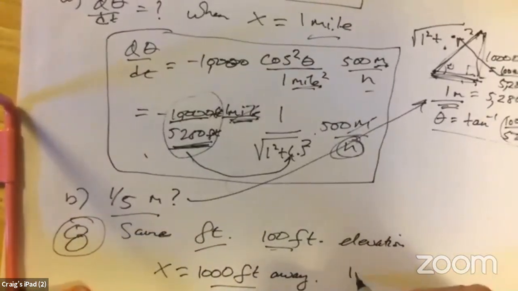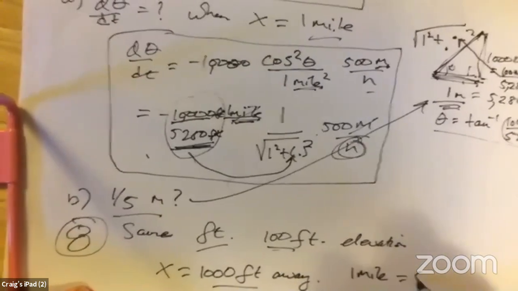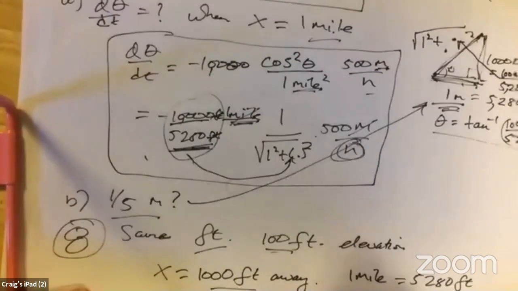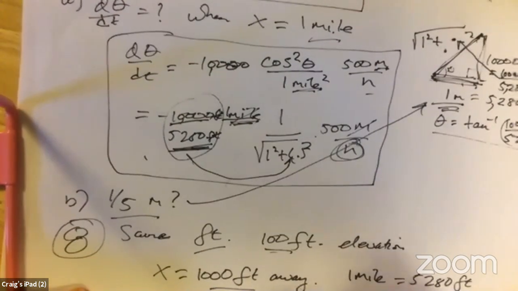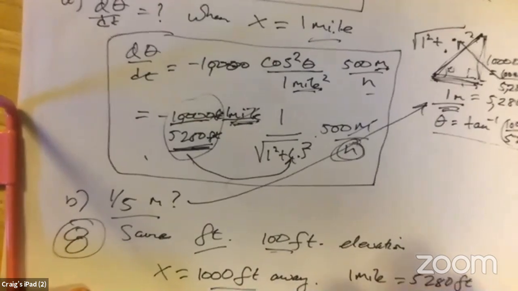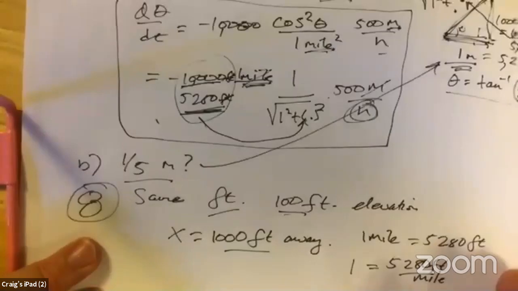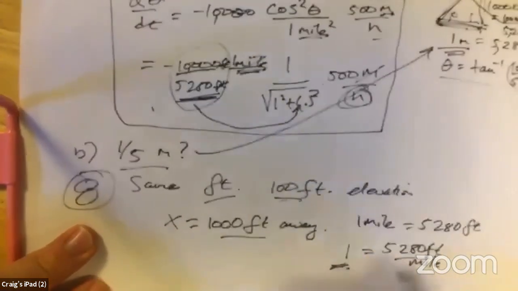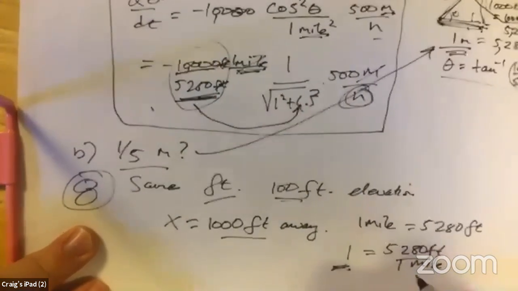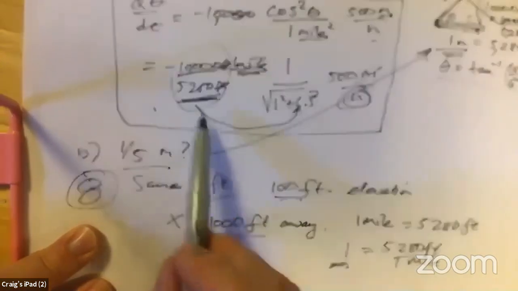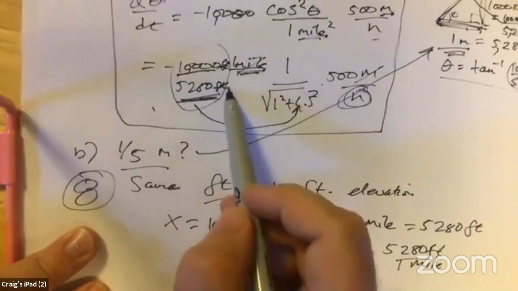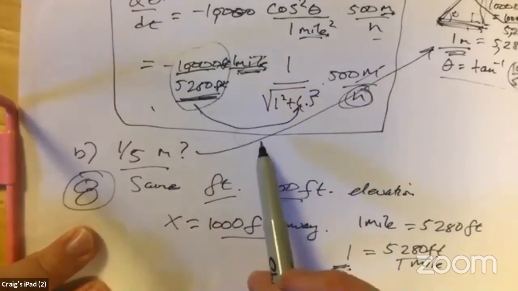So just know that 1 mile equals 5,280 feet, which means that 1 equals 5,280 feet per mile. So I can always put 5,280 feet per mile into any calculation. And I can put a foot and a mile up here, and then I can cancel the feet. And so we do that all the time.